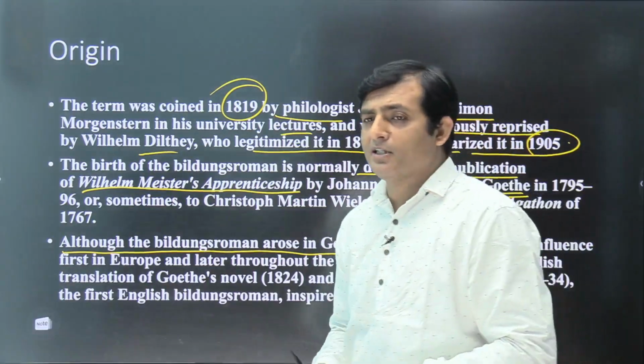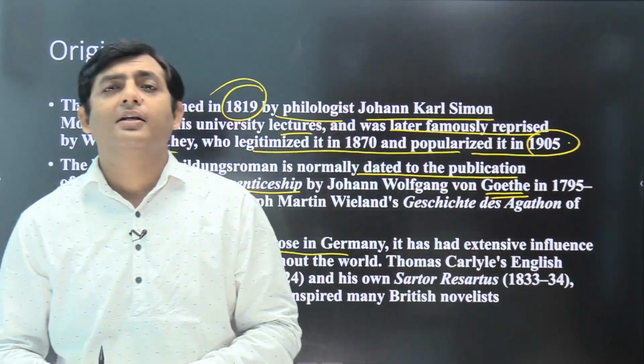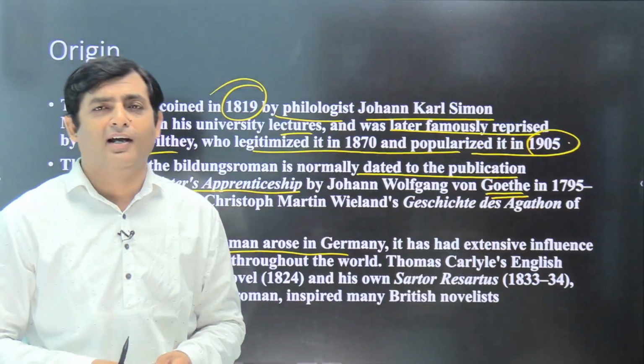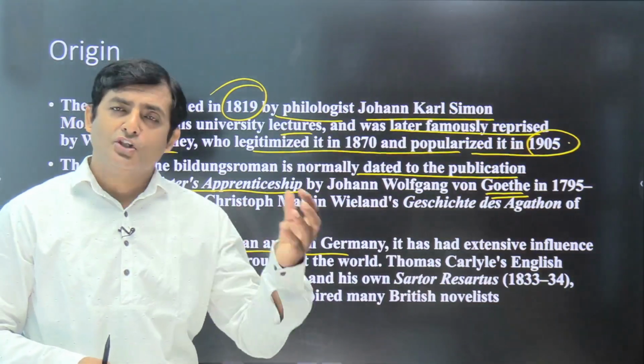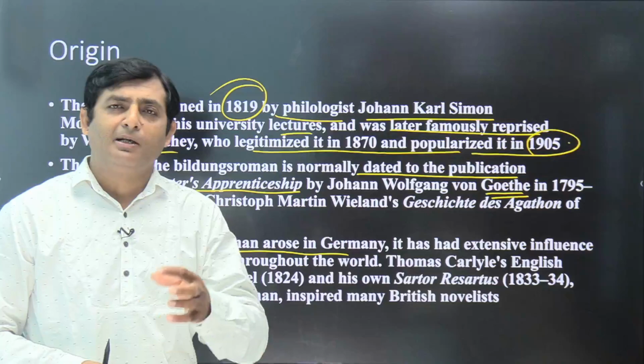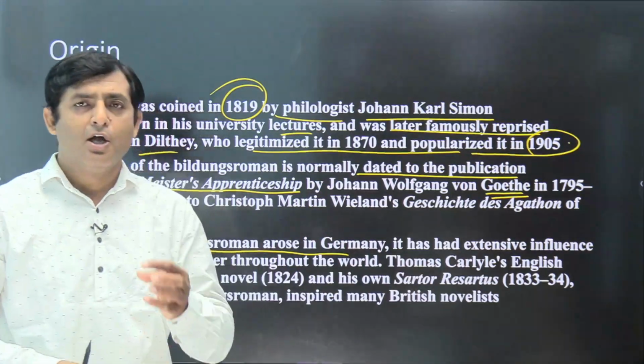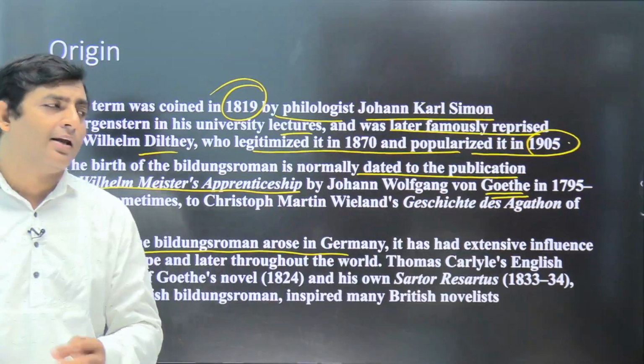Sartor Resartus means the tailor retailored, right? And the entire philosophy of Thomas Carlyle was based on Germanic philosophy. He was very much inspired from Germany, and Sartor Resartus is said to be the first Bildungsroman in English.